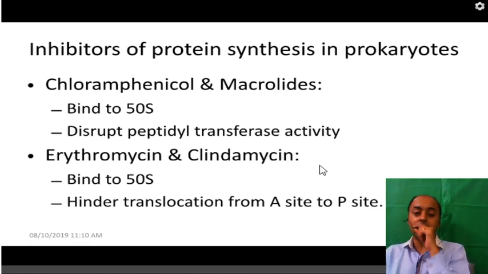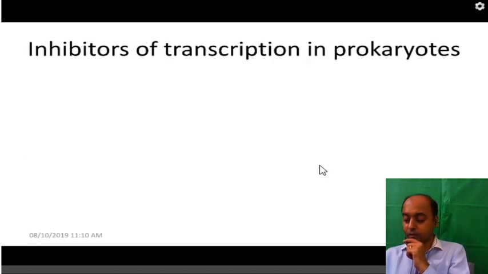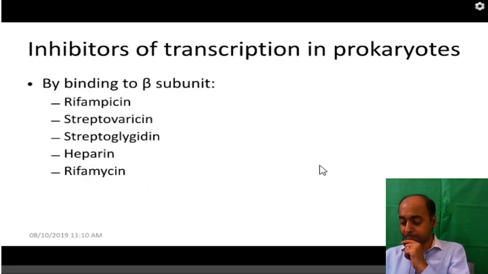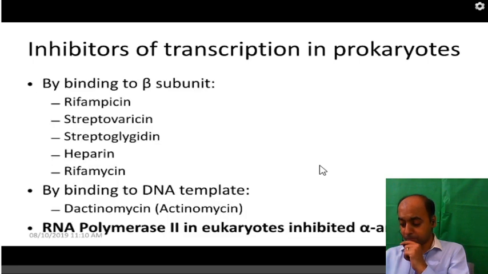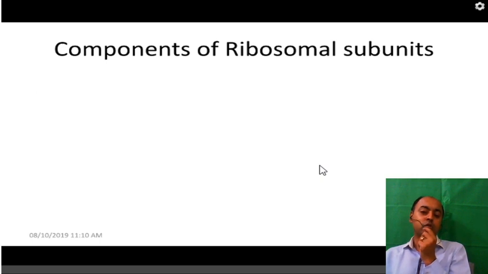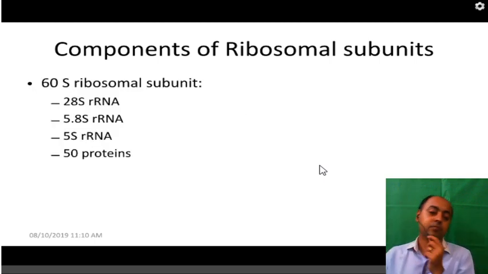Some additional points which I want you to note. Components of the ribosomal subunits. I have repeatedly been saying 80S, 70S, 60S, 50S, 40S, 30S. So what are the components of these?